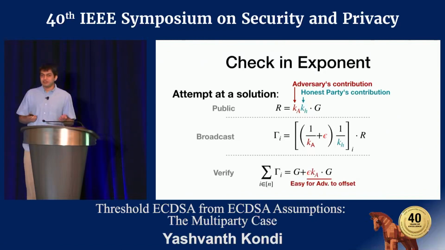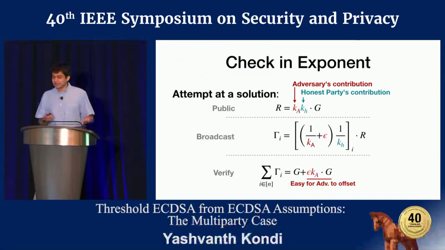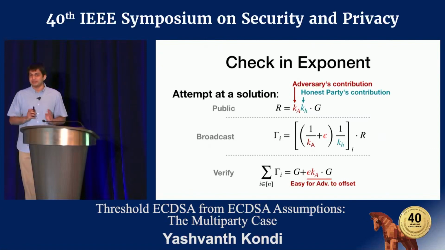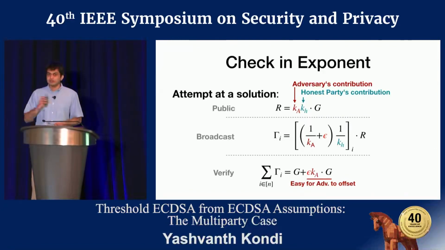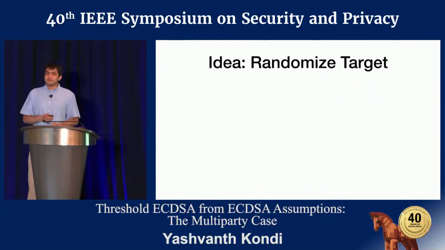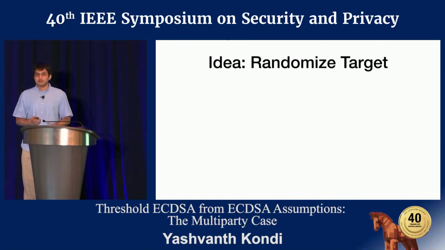So as an adversary, I can put in epsilon and ka and find the offset for the sum check protocol to be some function of epsilon and ka and nothing else. And because I know both of these values, as an adversary, I can compute the offset and sort of undo my cheat quite easily.